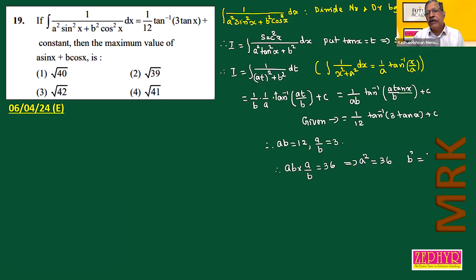So B squared will be A squared by 9, which is 36 by 9, which is equal to 4. So A squared is equal to 36, B squared is equal to 4. Now, what is the answer? Can anybody tell me?